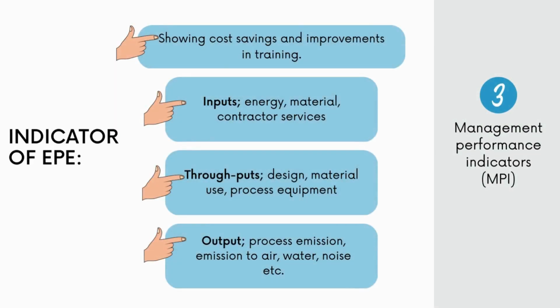While the MPI is showing cost savings and improvements in training, inputs, energy, material, contractor services, throughputs, design, material use, process equipment, output, process emission, emission to air, water, noise, etc.